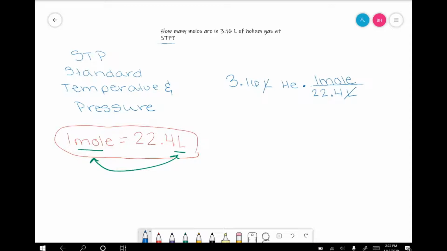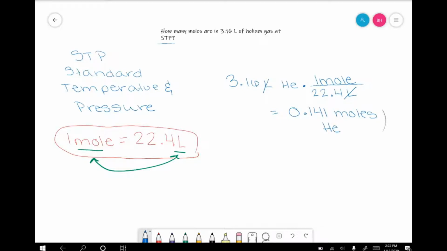So my liters cancel out, and if I were to plug this into my calculator and type in 3.16 and divide it by 22.4, I will get 0.141 moles, and this is of helium gas.